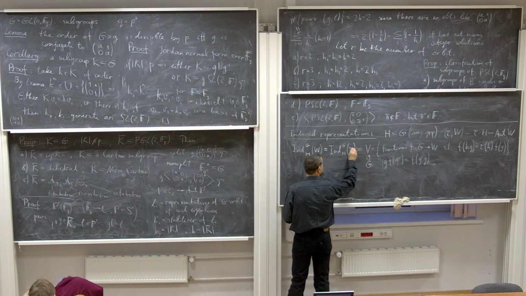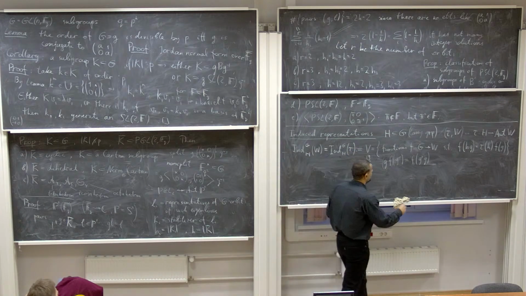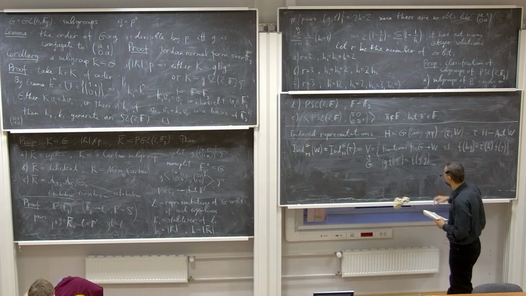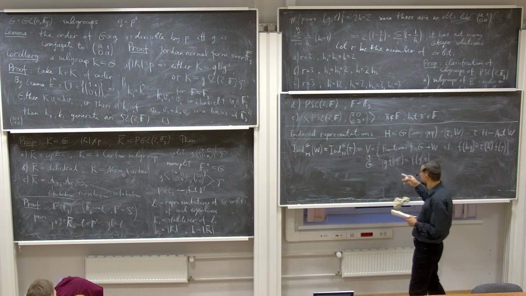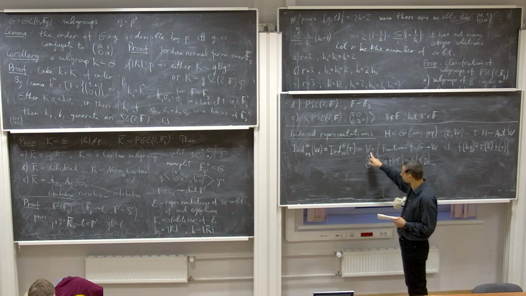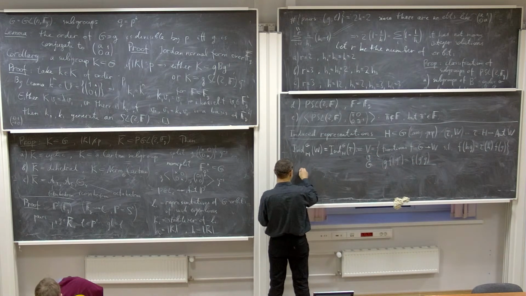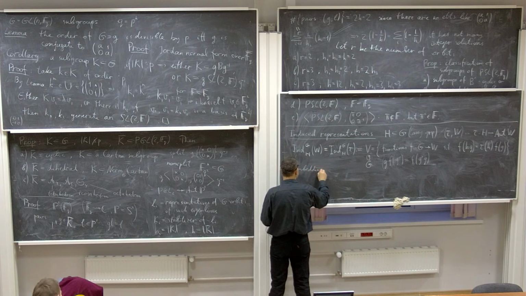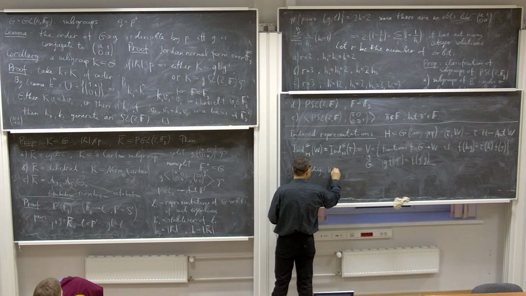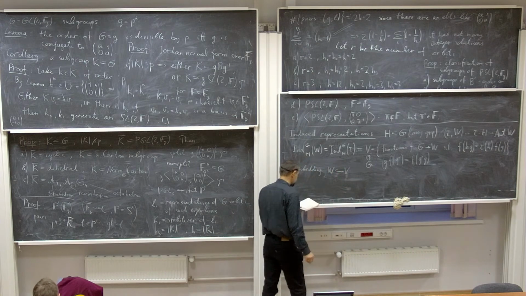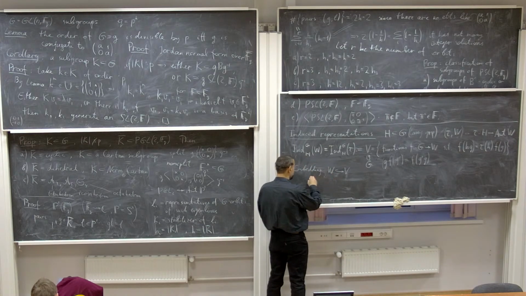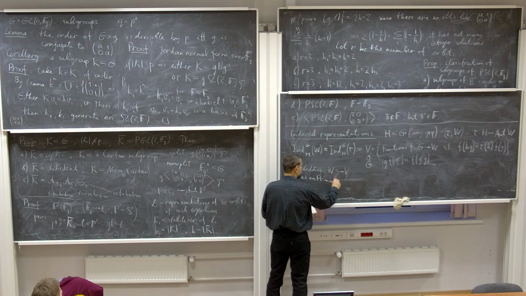So now, well, given a basis in this representation W, I can produce some other basis in this induced space V. Namely, first of all, we have an embedding from W into the induced representation, but only as an H module, not as a G module.